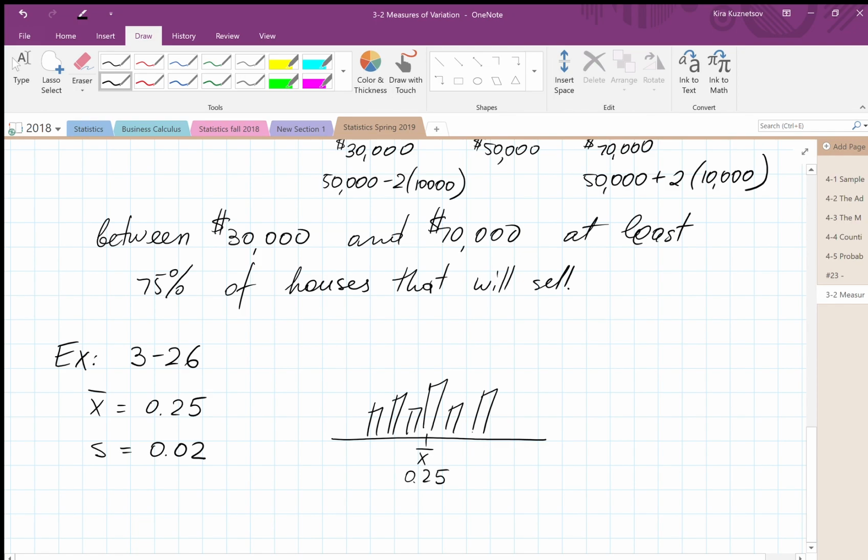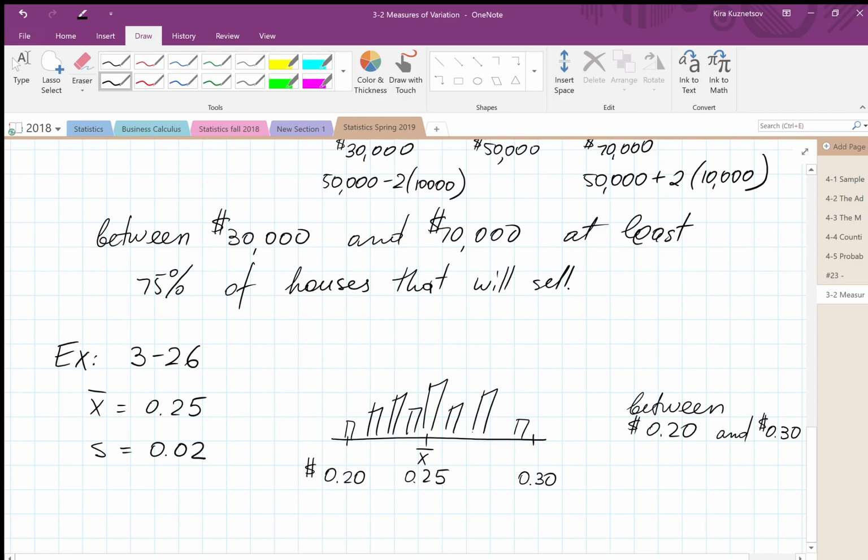And what I need to do is move standard deviations. So they're asking me to analyze the interval between 20 cents and 30 cents.